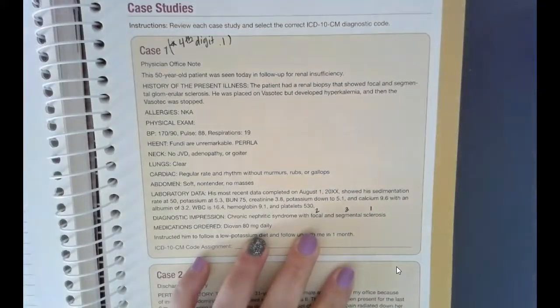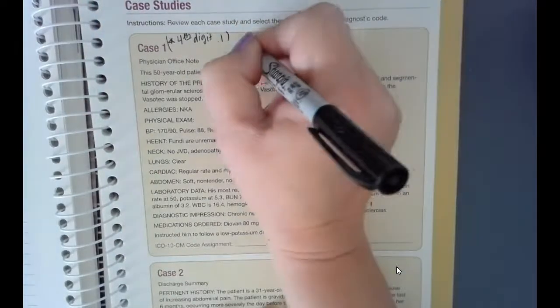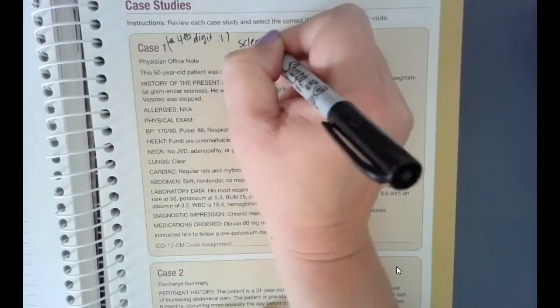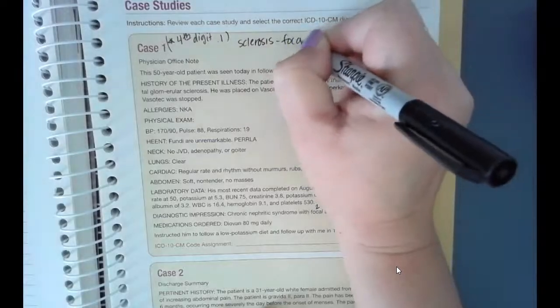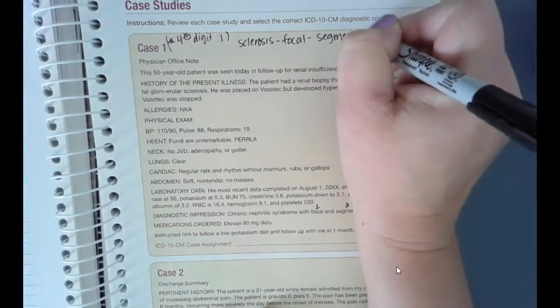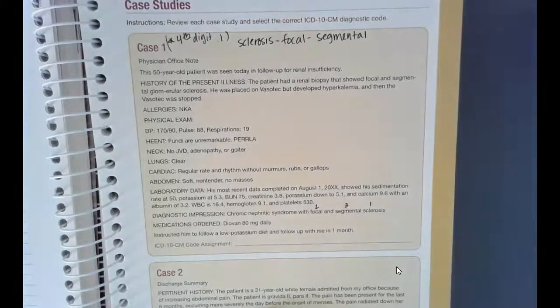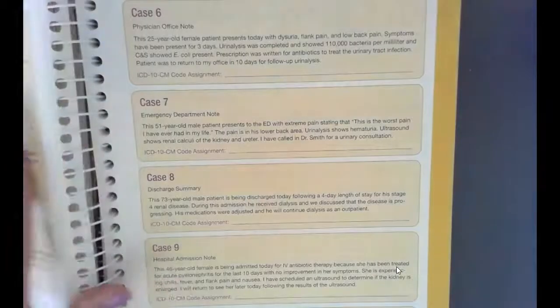Just kind of be mindful of that or check, okay? So for this one, you're going to look up sclerosis. And then, what did I say? Focal, and then segmental. So that's case 1.